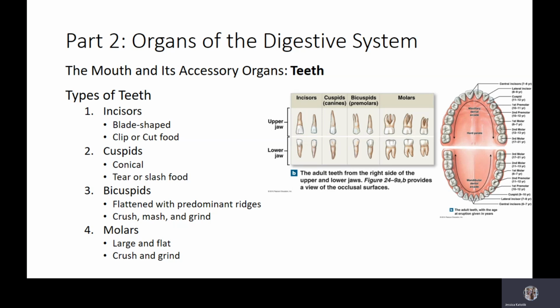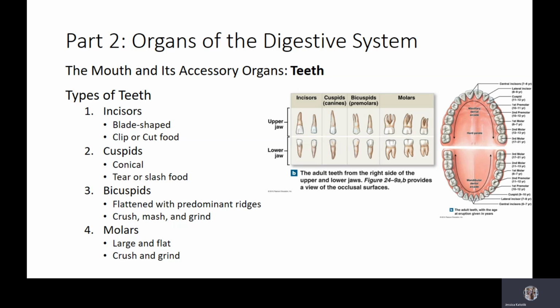Humans, because we cook our food, our cuspids don't have to be as sharp as other organisms, because the cooking process actually decreases the toughness of the meat or the food. So we have evolved to have much smaller cuspids as a result of that.